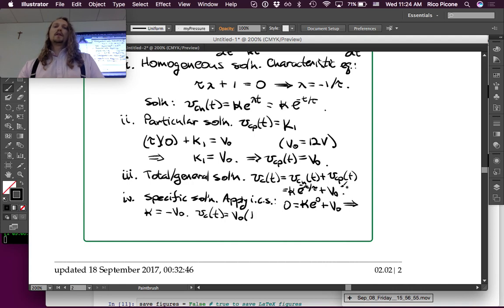If I factor V0 out of the second term, I get 1. If I factor V0 out of the first term, there's negative V0 there, so it's minus e to the minus t over tau. And that is our solution.